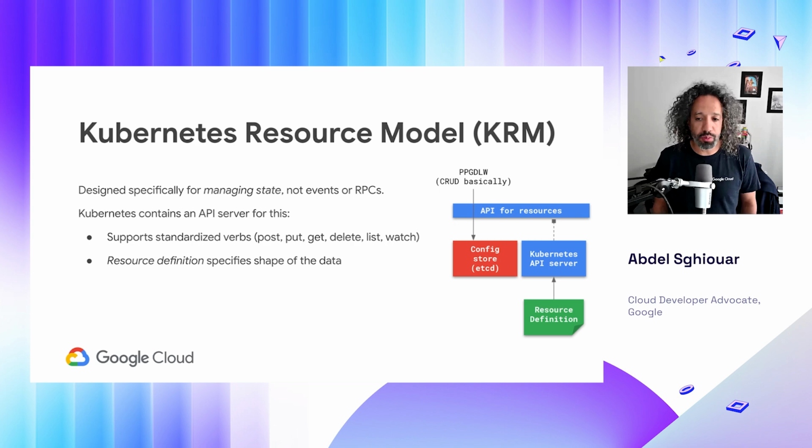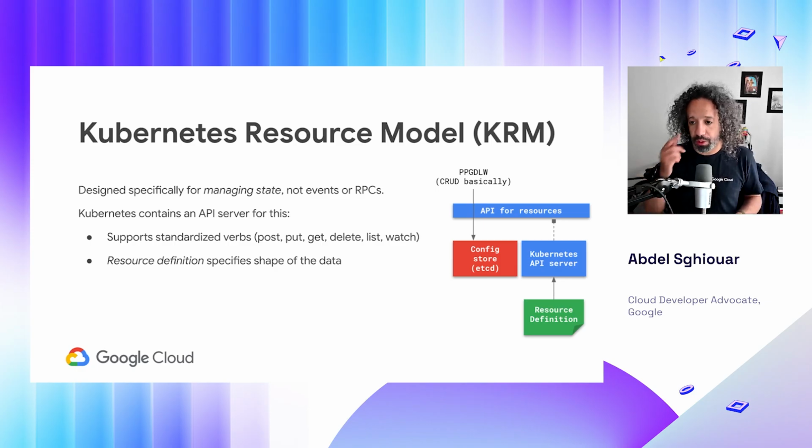In Kubernetes, the way we express resources follows the Kubernetes resource model. The Kubernetes resource model allows us to express intent in the form of a YAML file, which describes an object or a resource. That object has fields, labels, specs, things like that. Then we send that to the API server via a standard HTTP CRUD method: get, put, delete, or update. That will then commit the resource into the database.